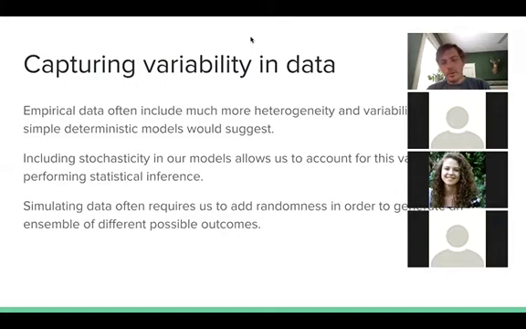And this is important both for doing statistical inference when we're trying to fit a particular model to real-world data, because if we just fit a deterministic model to real-world data, our model might be too rigid and not allow for the variation in the processes that actually produced the data. And of course, when we're actually simulating data that we might want to use to, say, test a particular method, we also want to include some form of stochasticity to allow for different possible outcomes.